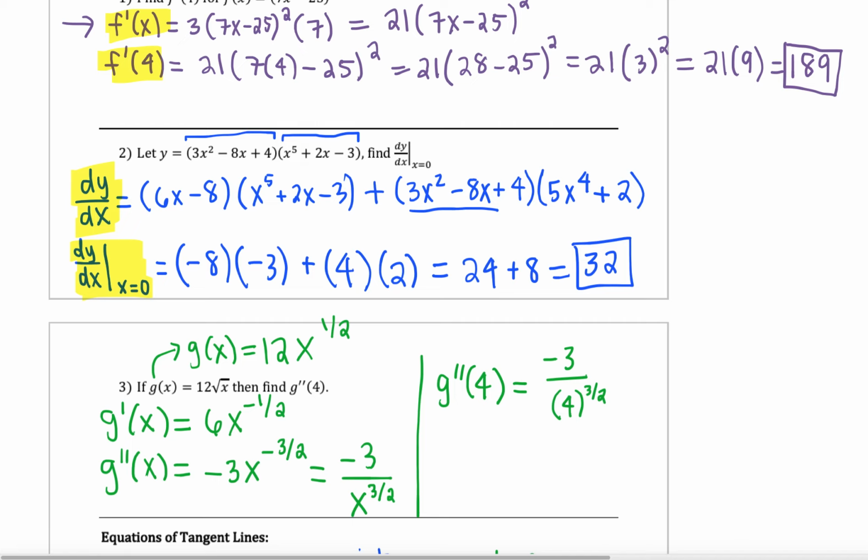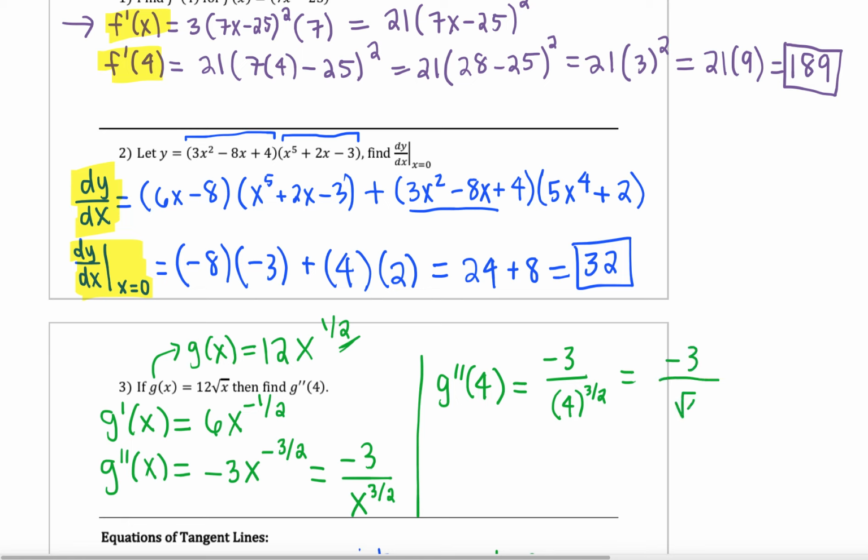Now to simplify this, we've got to think about what the 3/2 power means. In this case, the 3 is representing the power, so I want to cube something, and then the 2 in the denominator is ultimately representing our square root. So I could rewrite this one of two ways.